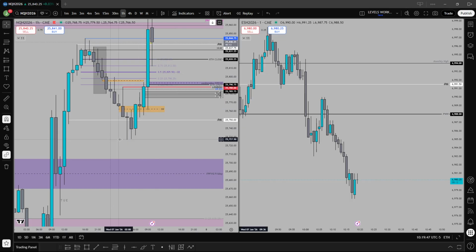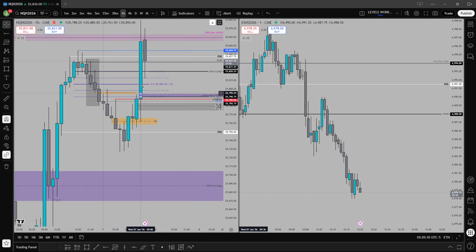I just didn't trade because I wanted price to take these lows. I was being a little demanding, but it's okay. And this high was a target. This high was mentioned initially when I started the recording.